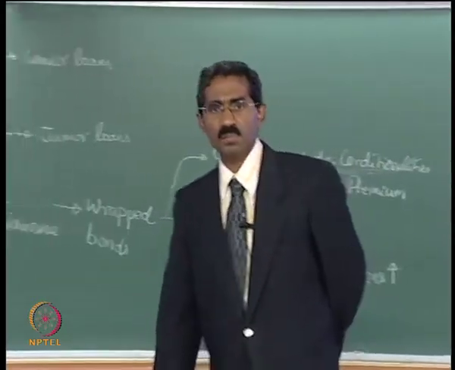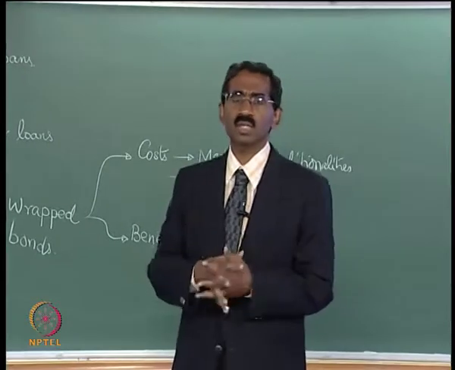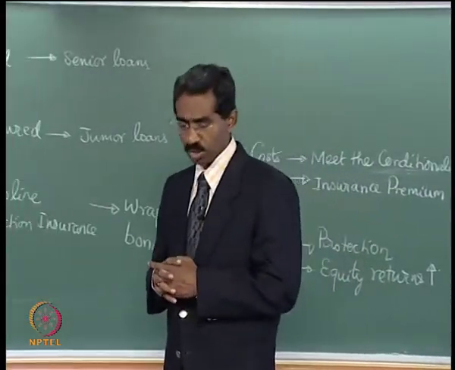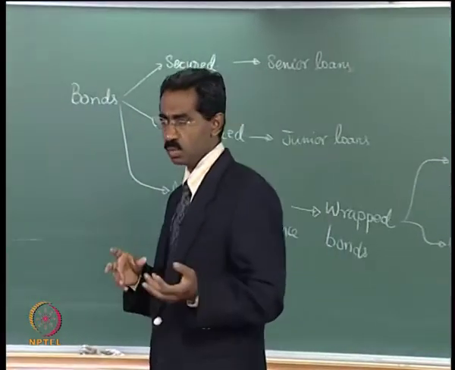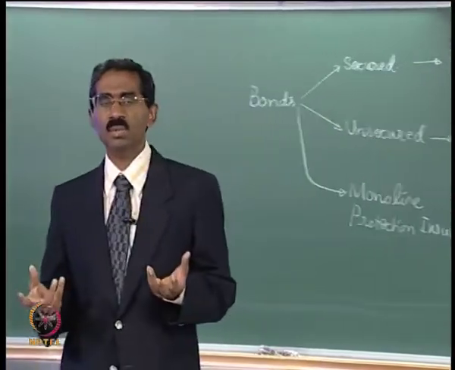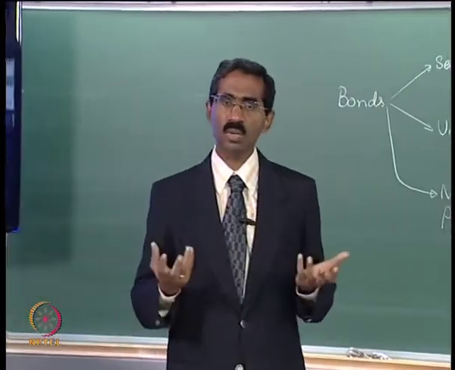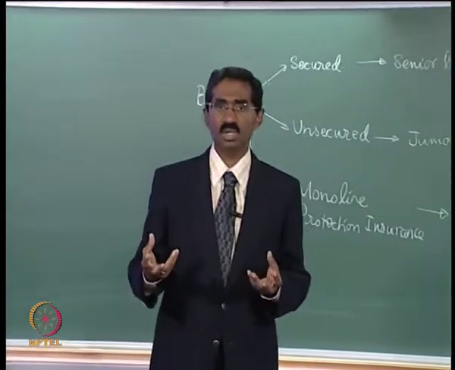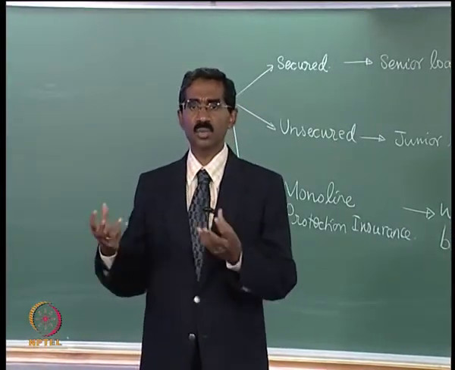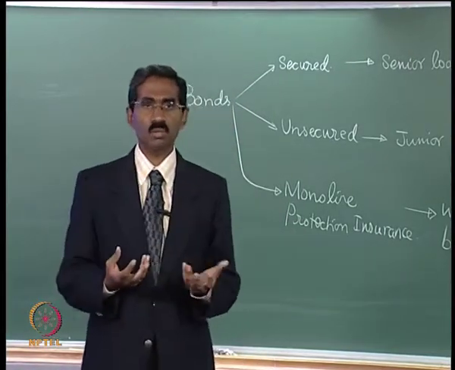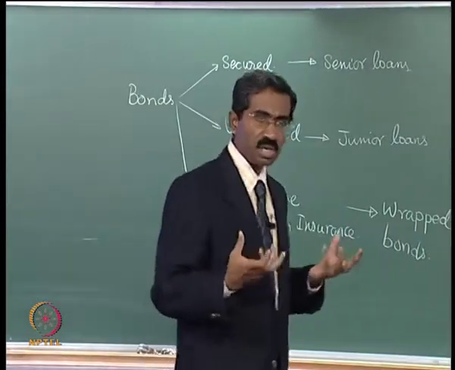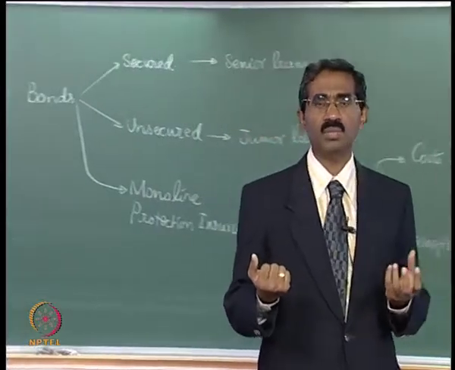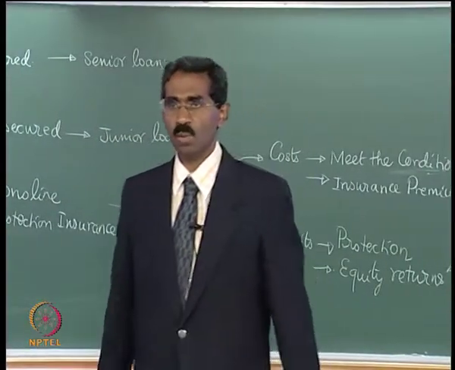For example, we took the example of National Thermal Power Corporation in the beginning of this course. If National Thermal Power Corporation comes out with a project bond, and if this project bond is being issued in the Indian market, then it becomes a domestic bond. If it is targeted at getting money from investors within India, it becomes a domestic bond.